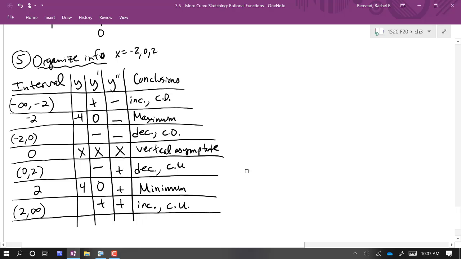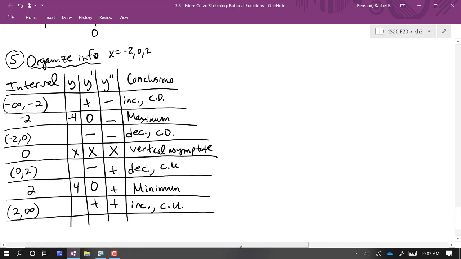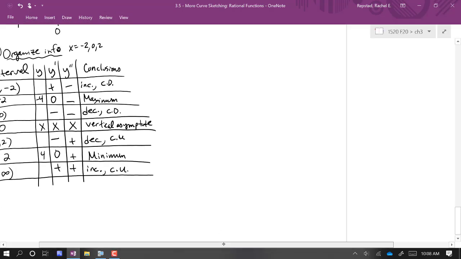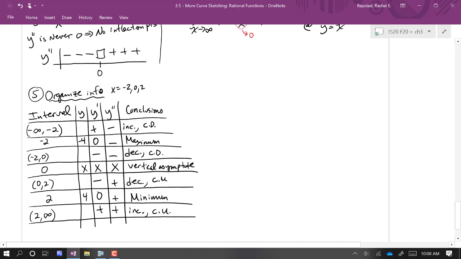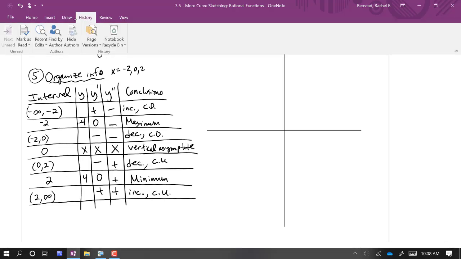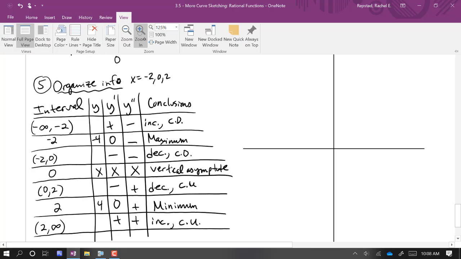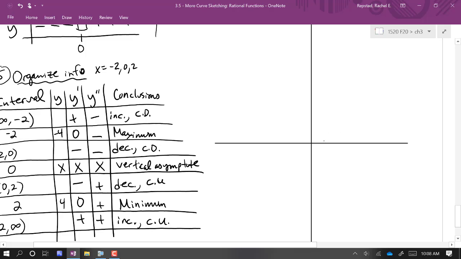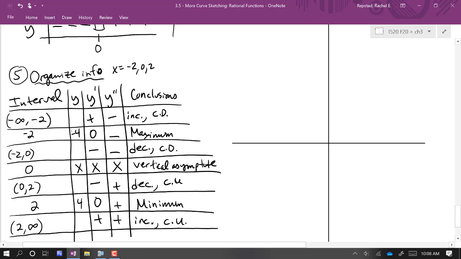All right. Now let's put this all together and let's sketch a graph. I'm going to zoom out for a moment just to set this up. Okay. It doesn't look like I have to go up too high or out too far on either the x or y axes, just looking at the actual values that we have.